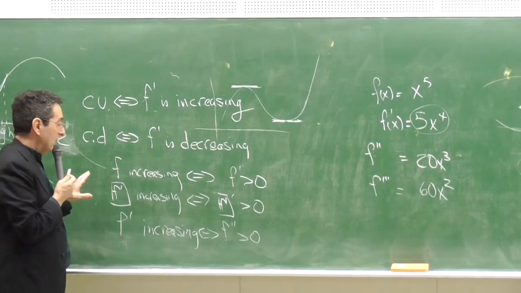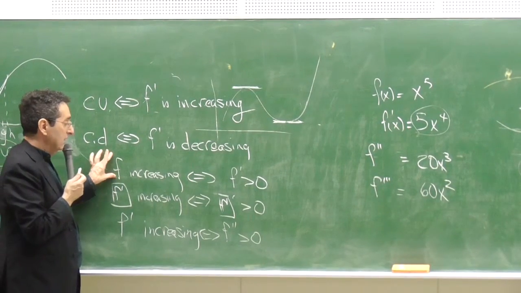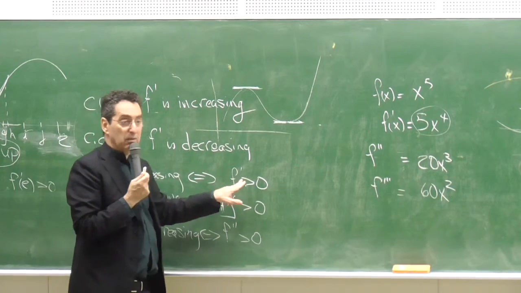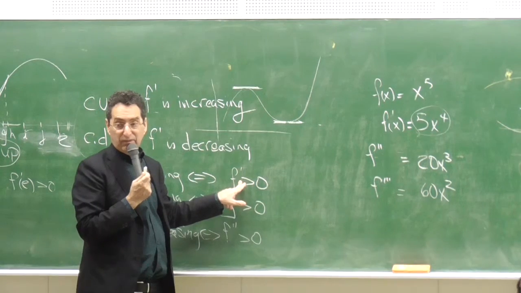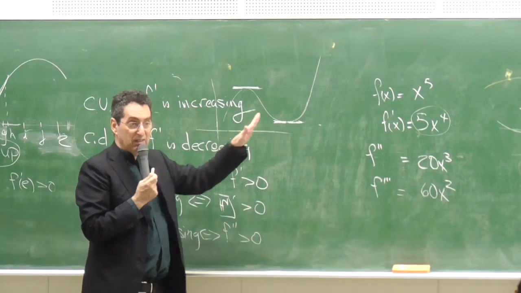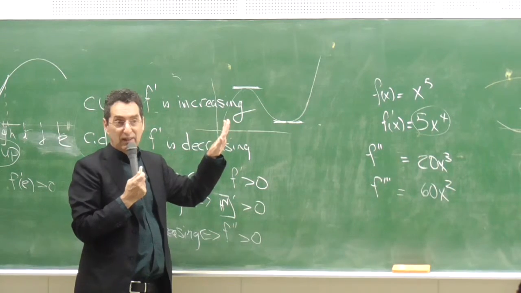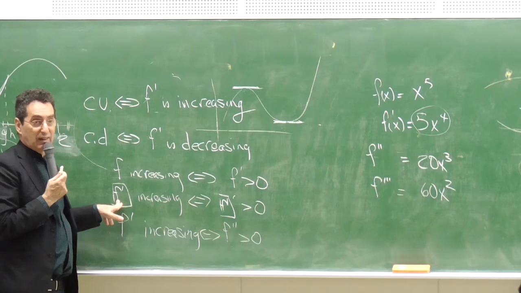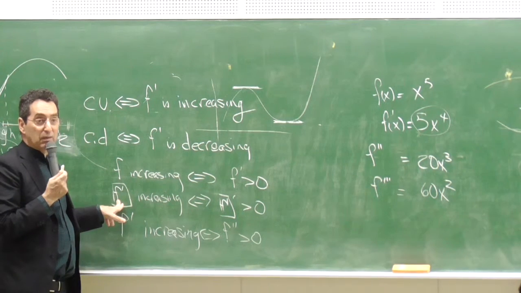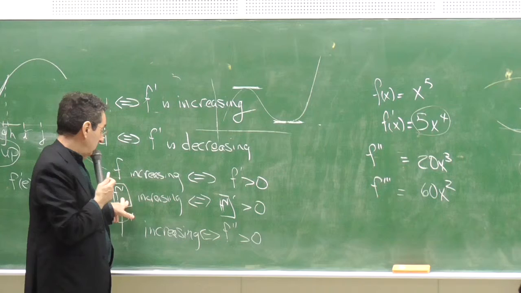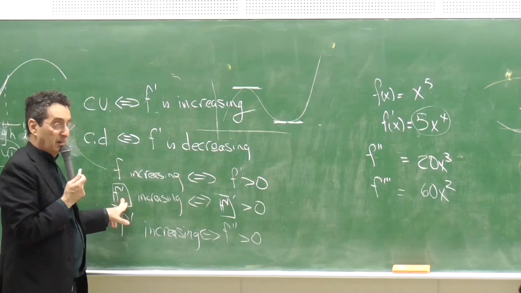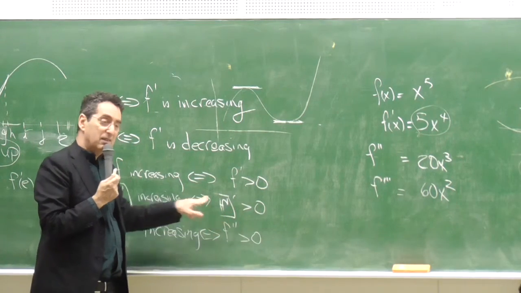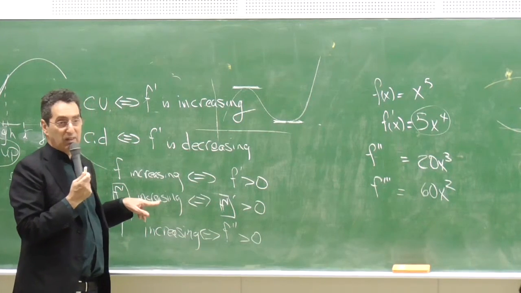Okay, and the key thing that we did was, we had this observation from before, that when something is increasing, its derivative is positive. We wrote that down, and then we said, it can be anything. In particular, that's true even for the derivative. If the derivative is increasing, then the second derivative will be positive. And then the statements read backwards and forwards, hopefully.